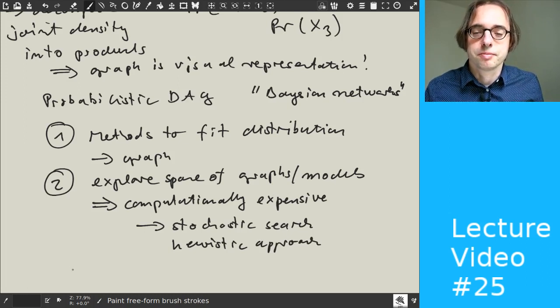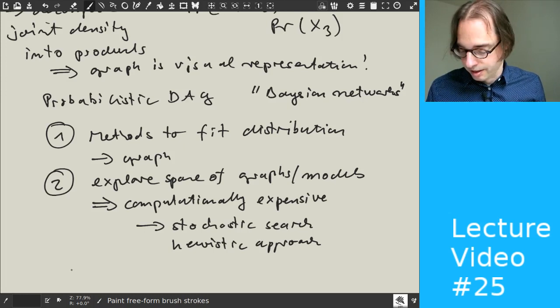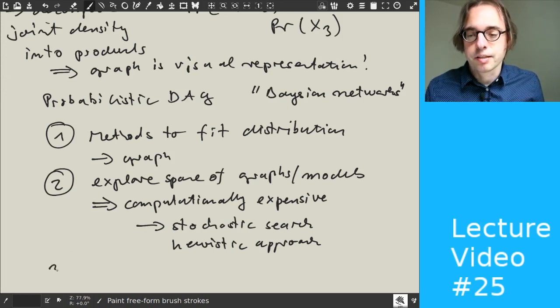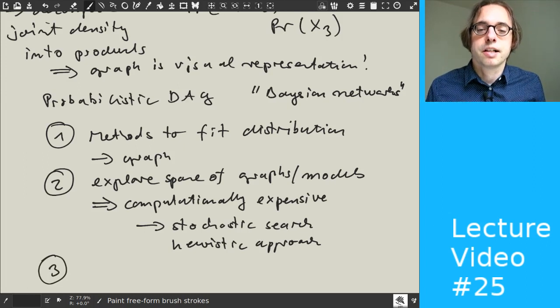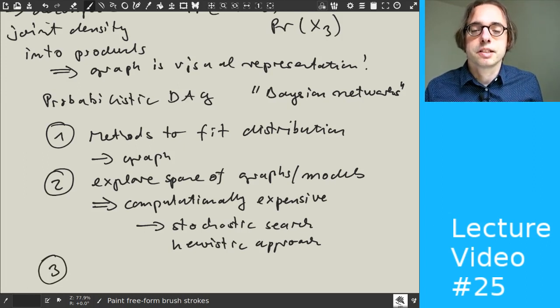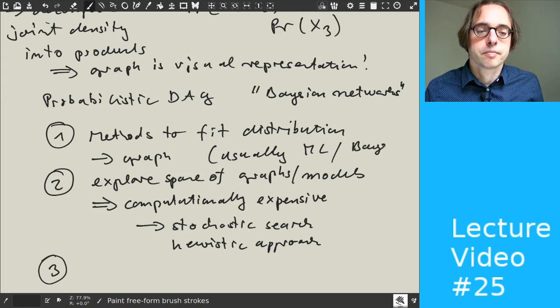So the third thing is sometimes the internal. We have models, given graphs, and we know how to fit them with the usual methods, usually maximum likelihood or some Bayesian approach. We have this computational problem that we have so many models.